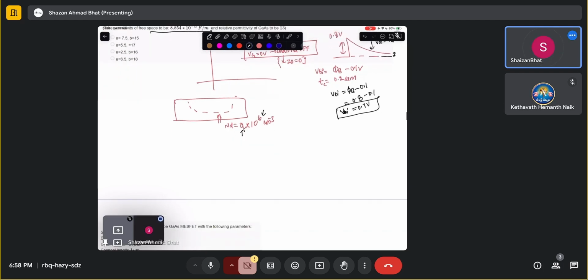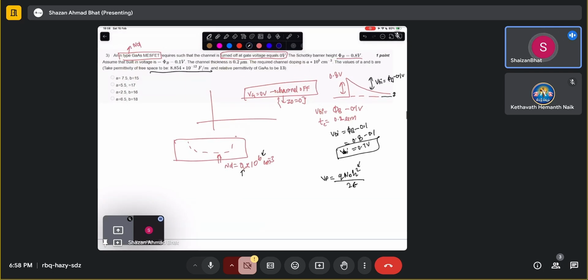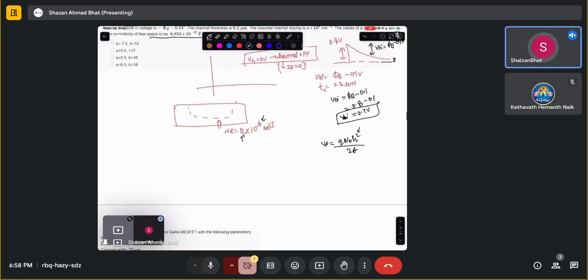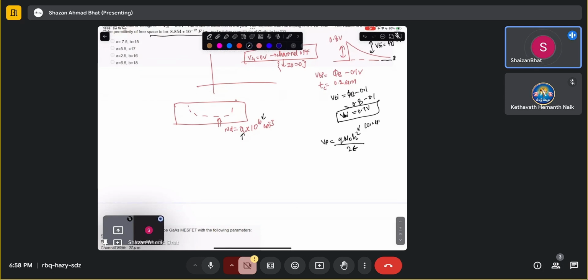Now I think the question is almost over. Yeah, maybe we might have to find the V pinch-off, because if you know V pinch-off, then you can compute by using this equation. This particular H is the 0.2 microns, which is given.